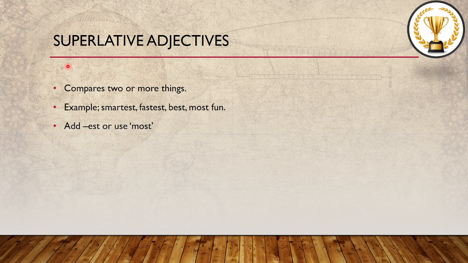So indicative adjectives describe one thing, comparative adjectives compare two things, superlative adjectives compare two or more things. So in comparative adjectives you add an er at the end or the word more at the front. In superlative adjectives you add est at the end or use the word most at the front.